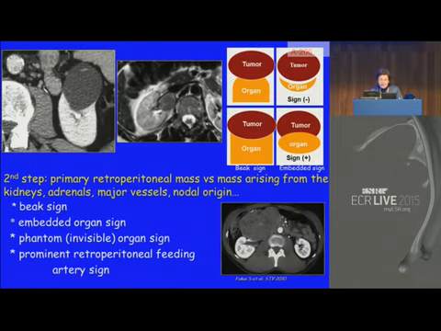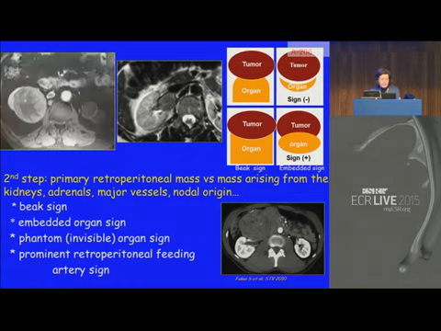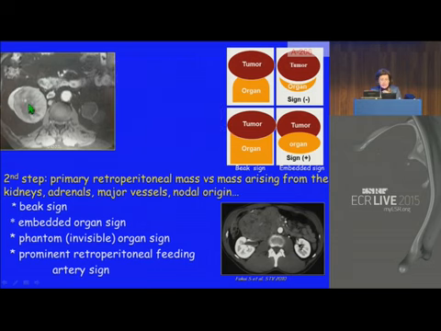Well, when an adjacent organ is distorted into a beaked configuration, as in these examples of renal cyst, with a beak deformation of the renal parenchyma, or as in this example of renal cell carcinoma, it is likely that the tumor arises from this organ and is not a primary retroperitoneal tumor.